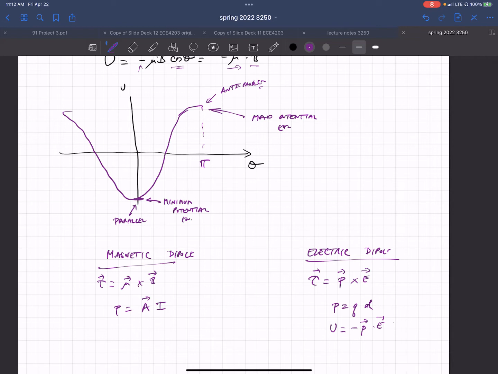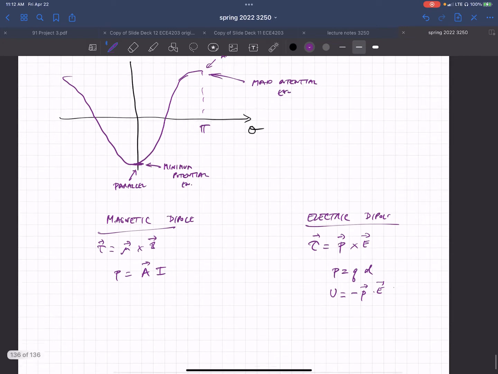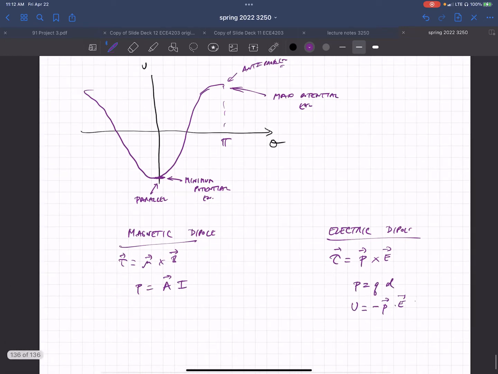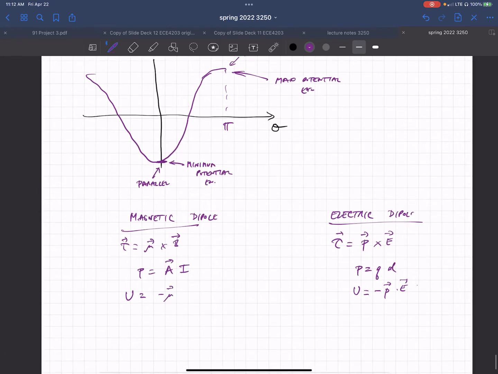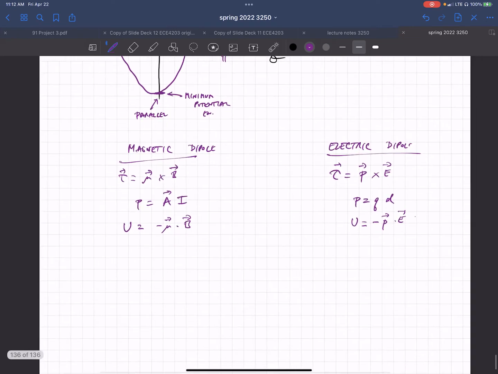Area times I. And the energy being defined as minus mu dot B.